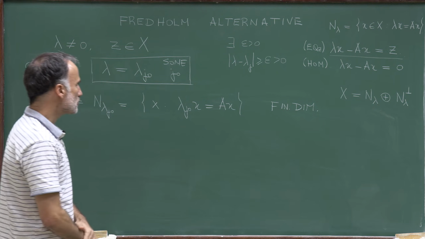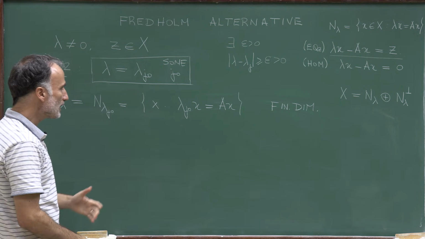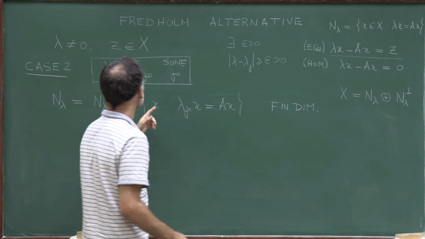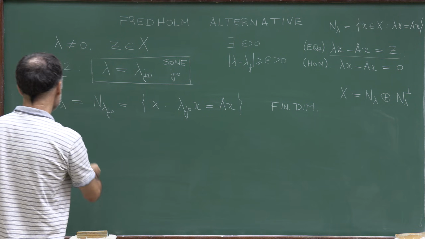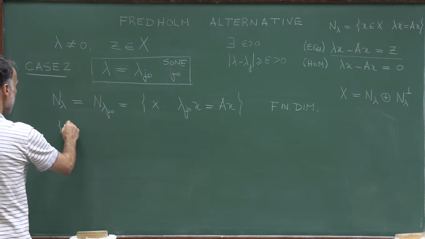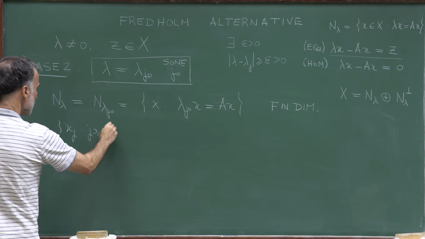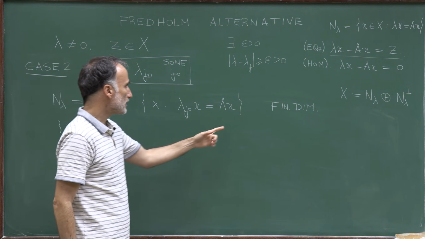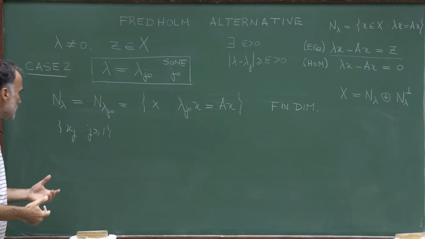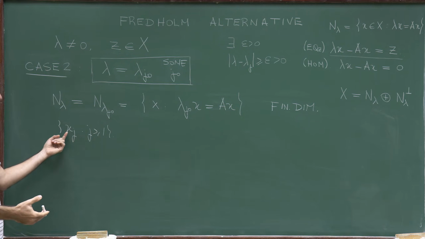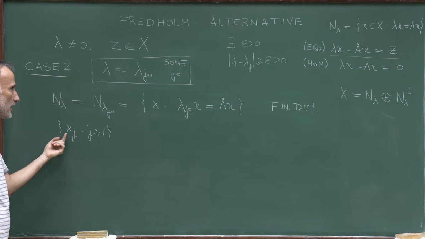So it's a finite dimensional space, and in our basis we obtained a basis x_j for j larger than or equal to 1. So this finite dimensional space is generated by a finite number of vectors x_j.